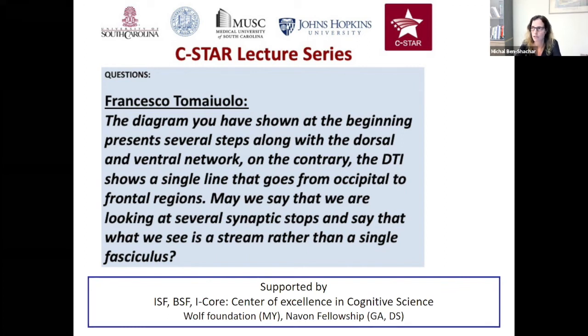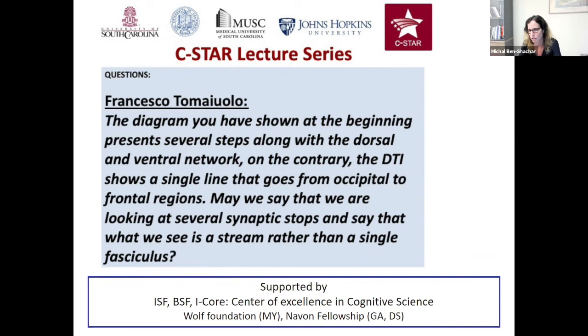Specifically regarding what you're commenting on, there's been a discussion about the IFOF, whether this is a real pathway or maybe it makes a stop along the way. I've sometimes shown only the IFOF, but in many cases what we see is associations in several ventral pathways, not only in the IFOF. So I'm not making any particular claims about the IFOF.